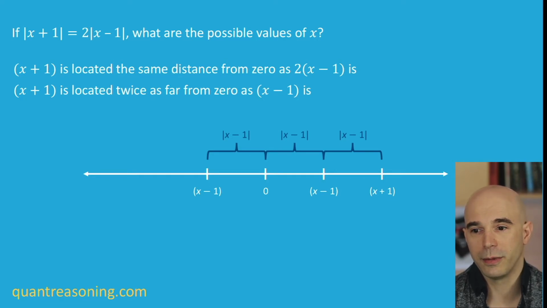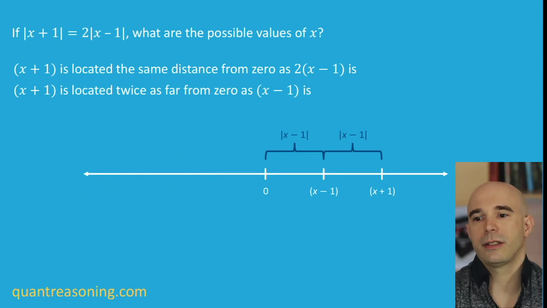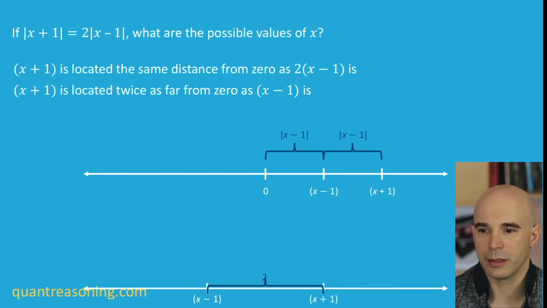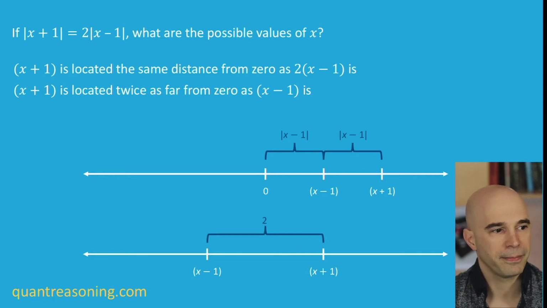So where do we go from here? I would suggest that we focus on just one of the options first. So I'm just going to start by focusing on this scenario where x minus 1 is to the right of 0. And then what I can bring in here is the observation that we made a couple of minutes ago, that we know how far away from each other x minus 1 and x plus 1 are. Remember, we had that observation?